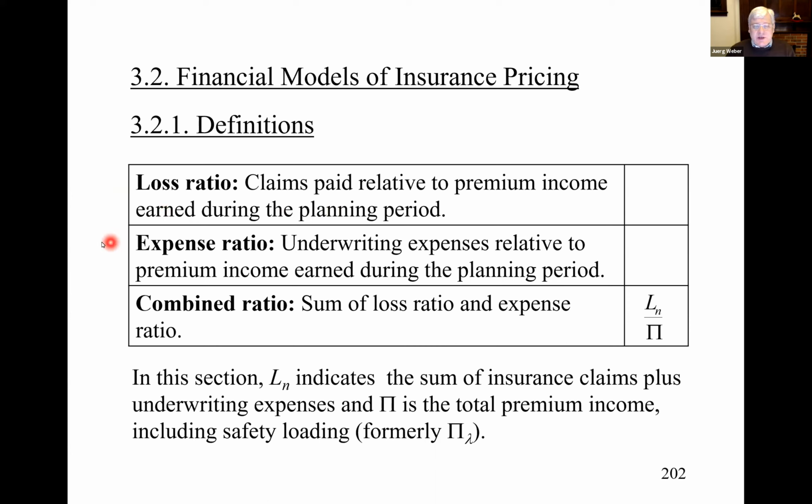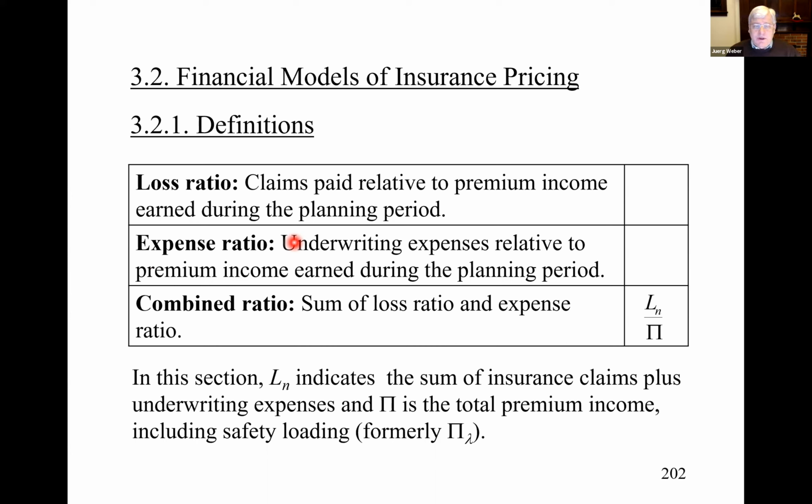Then the expense ratio, that's the underwriting expenses relative to the premium income. The underwriting expenses include all expenses that the insurance company has when it supplies insurance.